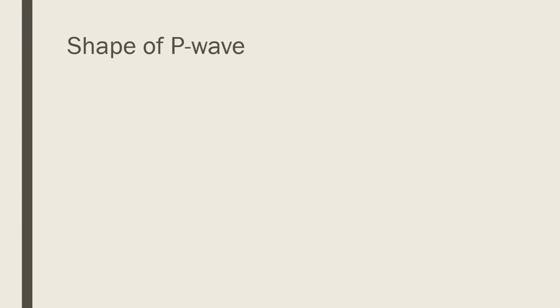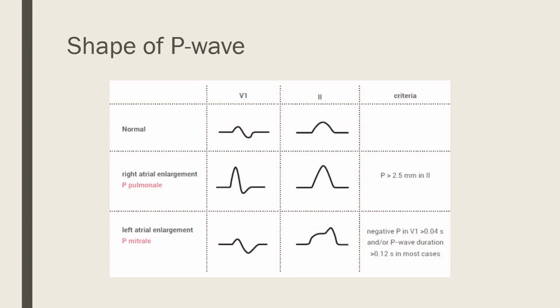What are the shapes of P wave? This is a table which shows the different shapes of the P wave. The first shows the normal shape of the P wave.